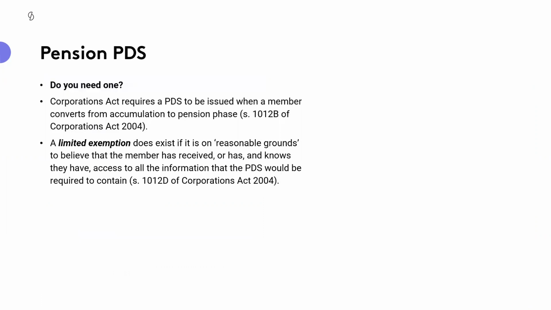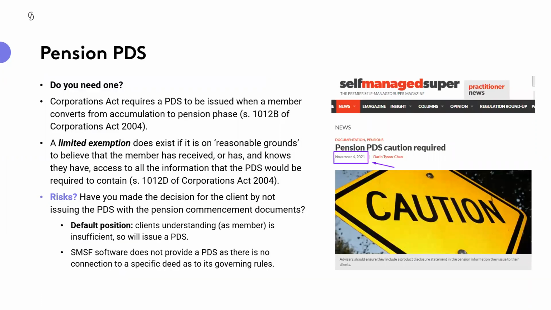The other one is around a PDS, and this is something that, from a software point of view, you're not going to see issued. The Corporations Act talks about the fact that it requires a PDS be issued when a member converts from accumulation into pension phase. That is clear.